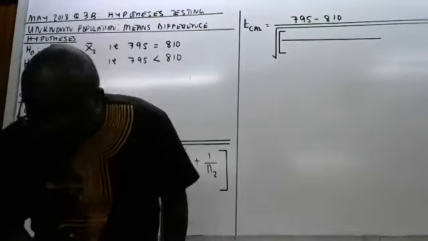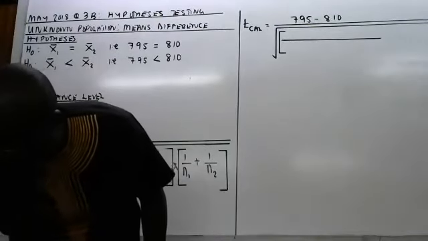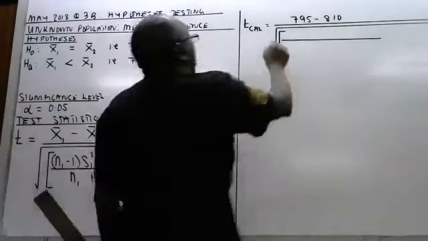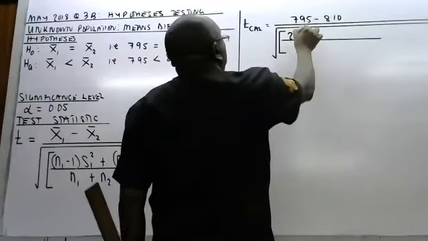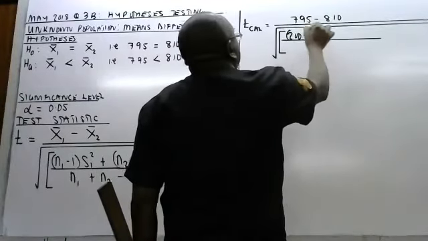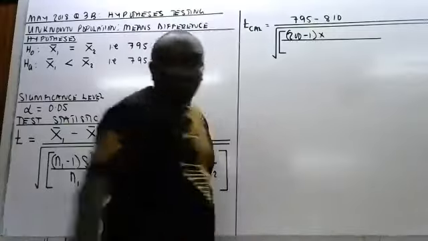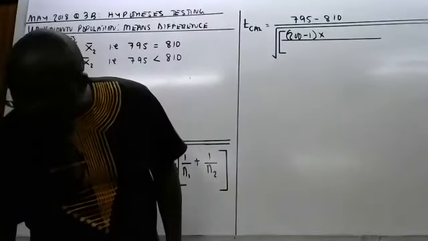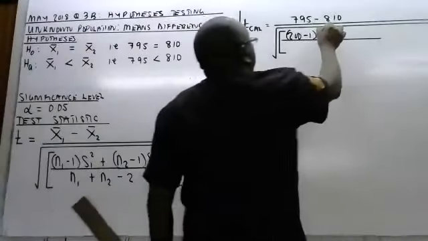The first department has 200. So 200 minus 1 times the standard deviation is 50.